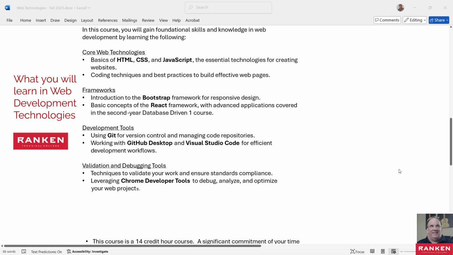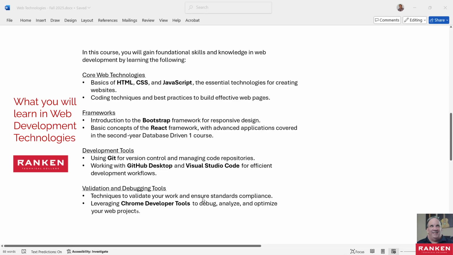Also in this course, we'll learn techniques to validate your work and ensure that it's compliant with the standards. We'll also use a tool by default. The browser that we use for this course is pretty much Chrome, and I suggest you really try to stick with that.